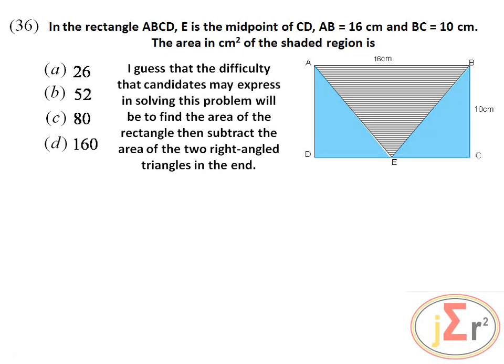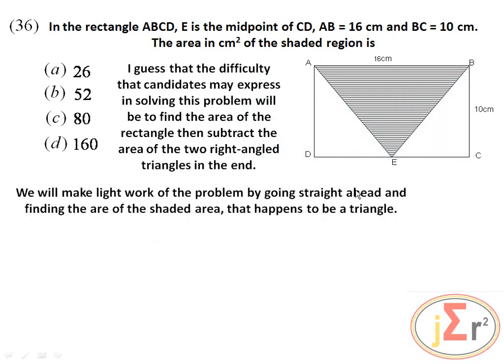As a matter of fact, if we take that approach, I think that we could still finish the problem within examination time. But the difficulty that we imagine that the candidates may have is that they will see this situation and think that they need to find the entire area of the rectangle, then take away the areas of these two right-angled triangles in the end, like that.